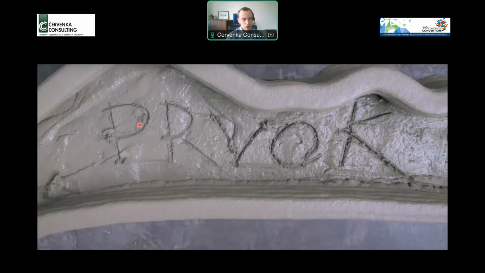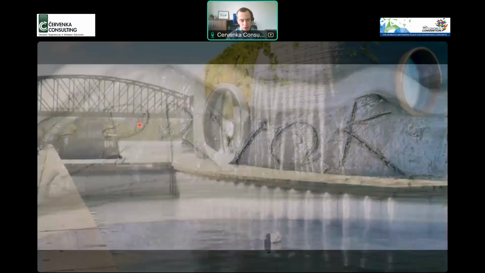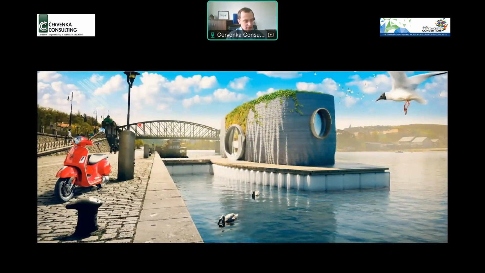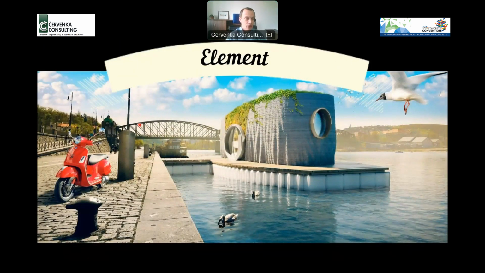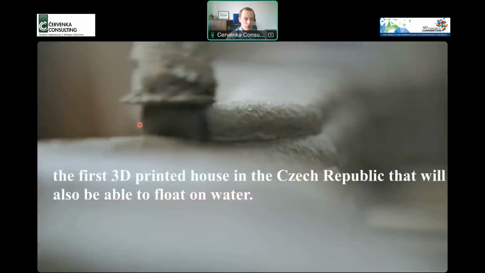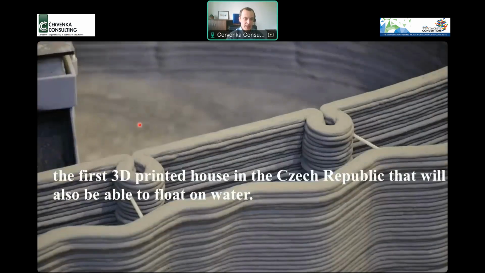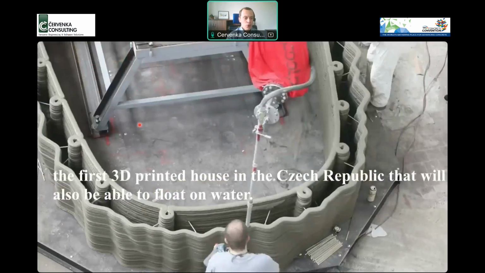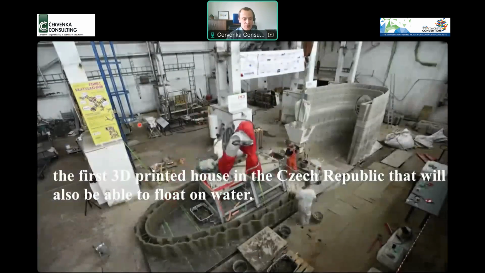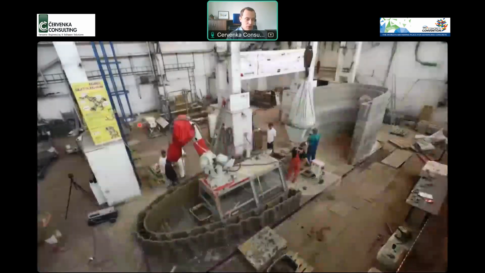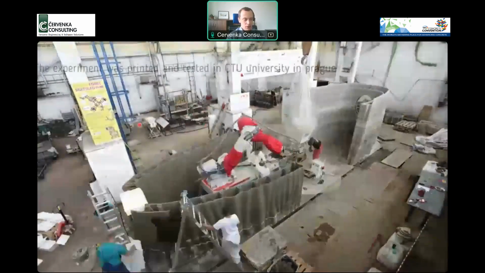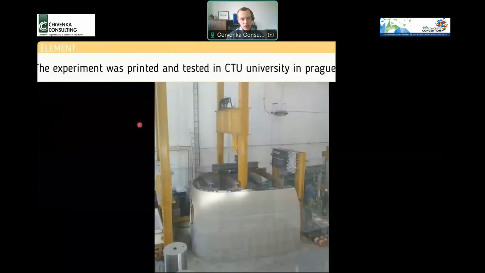Firstly, I will show you something from the construction because there was another, like a twin brother of this structure, printed in the laboratories of the Czech Technical University when they subjected it to loading to test its load-bearing capacity. You can see the construction process, and now this is from the loading.